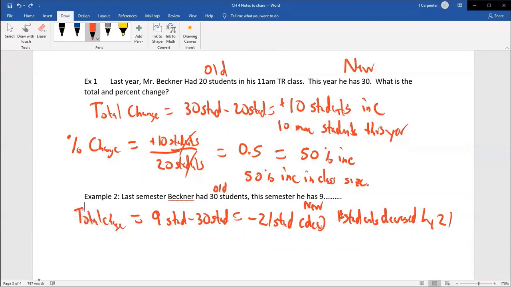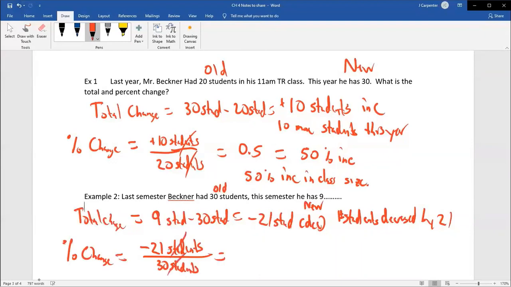So is 21 students a big drop, a little drop? I don't know unless I think about this in terms of the original population. So let's look at this as a percent change. And that's where we take the total change that we just got of negative 21 students, and we're scaling it or dividing it by the original, which was 30 students.